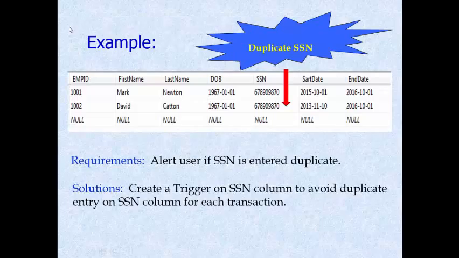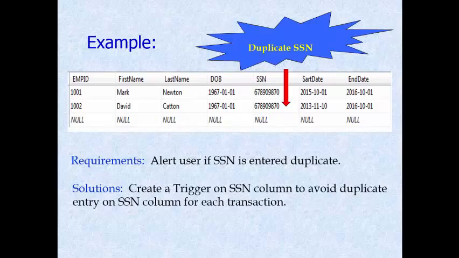For example, in one employee table there is an SSN column, and in this SSN column, as you see, there is a duplicate record. So now we'll create a trigger and give an alert to the user when they try to enter a duplicate SSN.